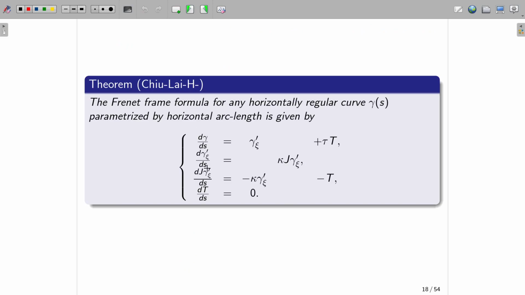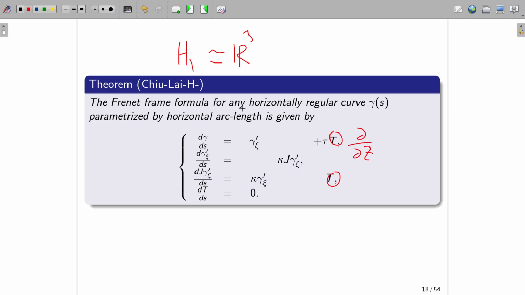We also prove the Frenet frame formula for any horizontally regular curve parametrized by horizontal arc length, which is given by the following theorem. Although the Heisenberg group H1 is equivalent to R3 as a set, you can tell from here that the formula is very different, because we have the z direction part.